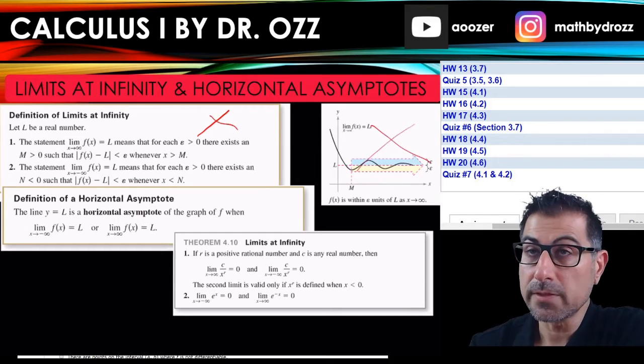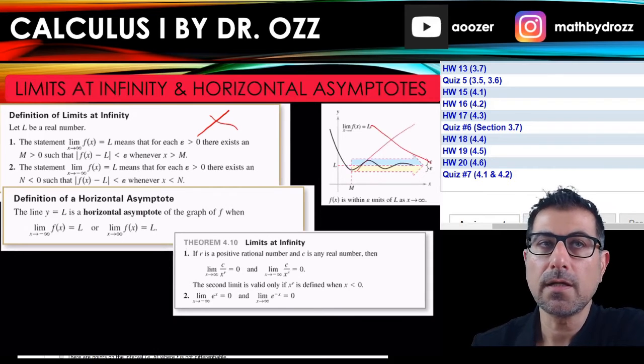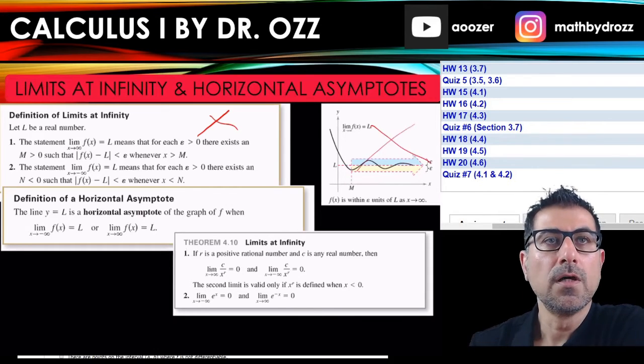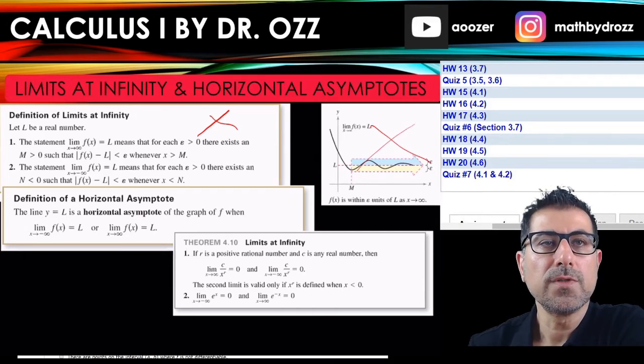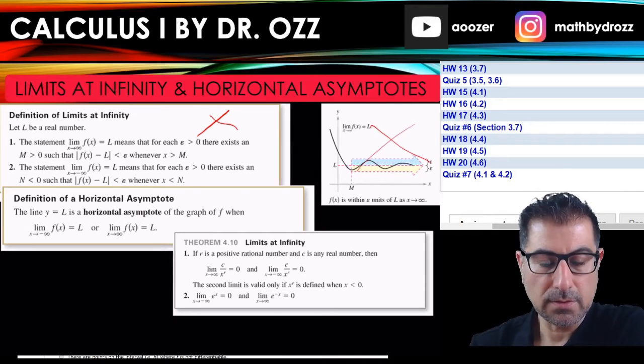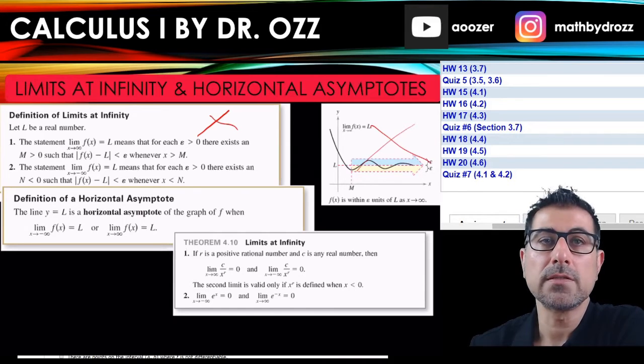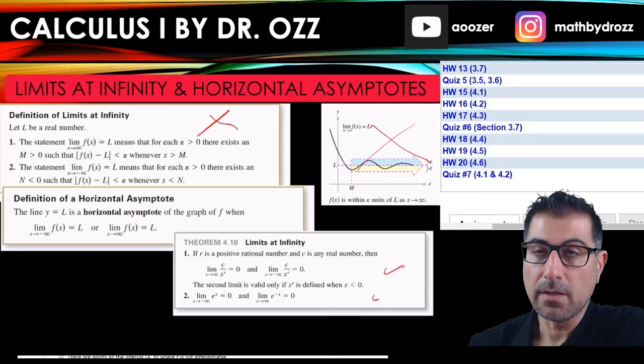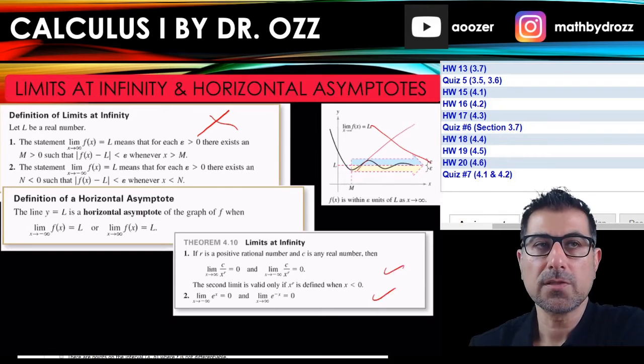But for your own understanding of the concept, feel free to read it through the text. What the important things are here is the definition of horizontal asymptote and those limits of known functions.